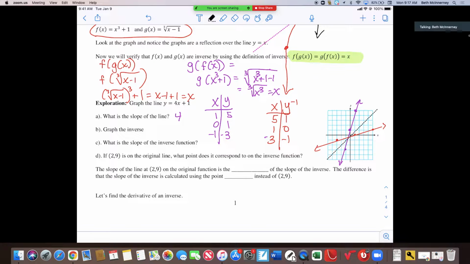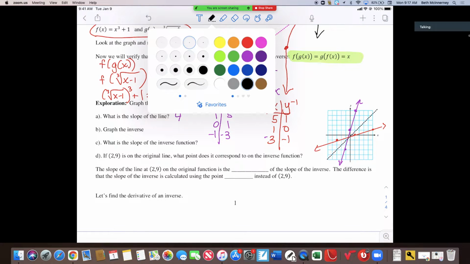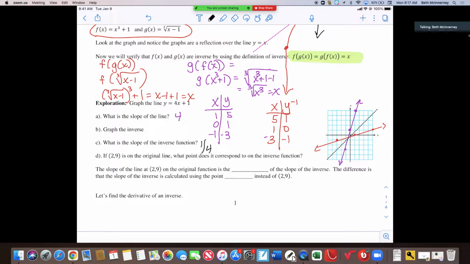Say it again. Oh, it's 1/4. So that's 1/4. If (2, 9) is on the original line, what point would be corresponding on the inverse?